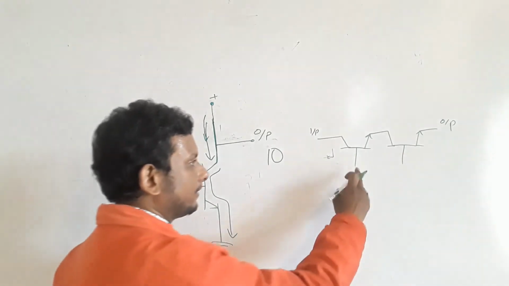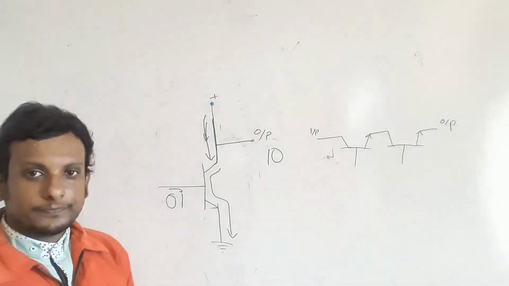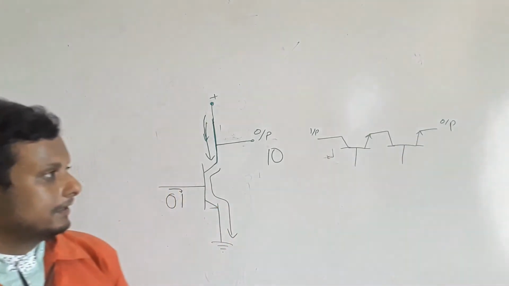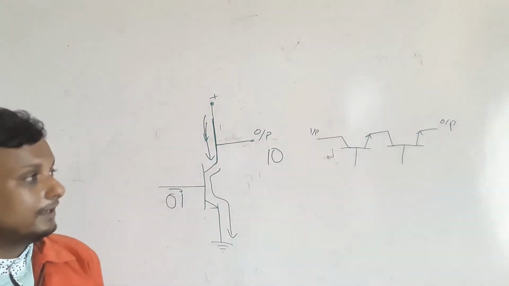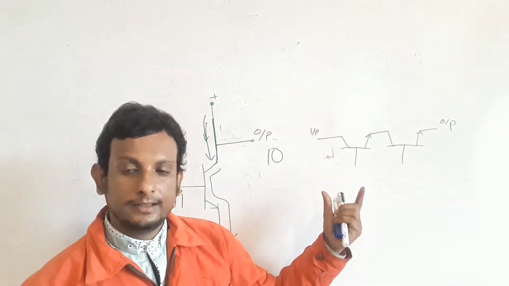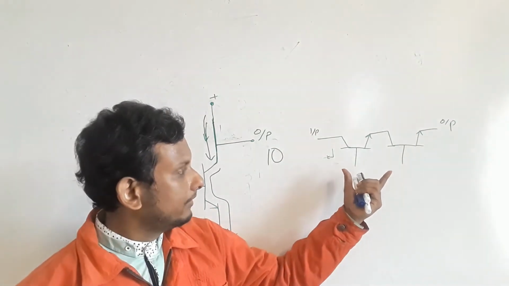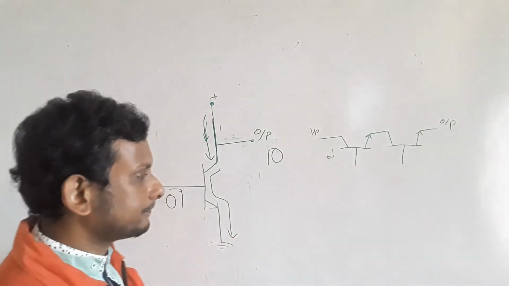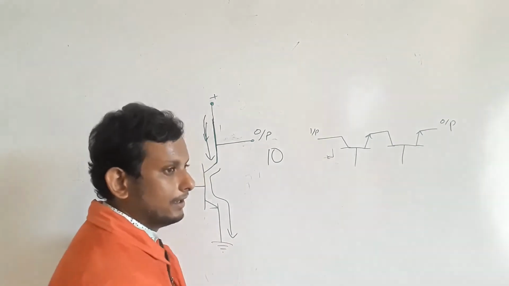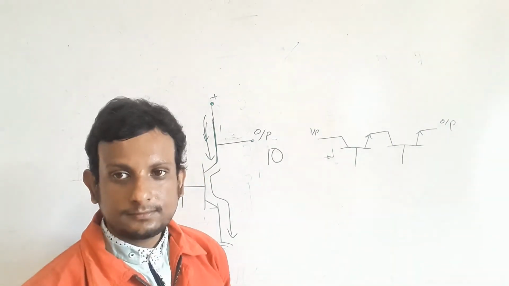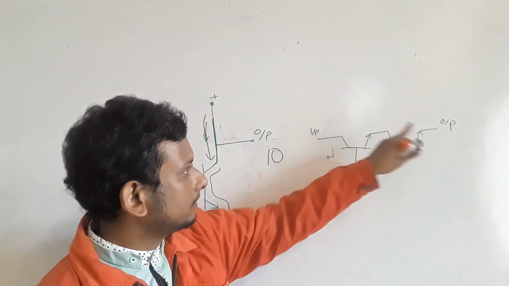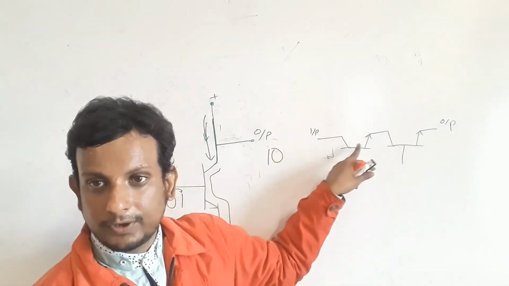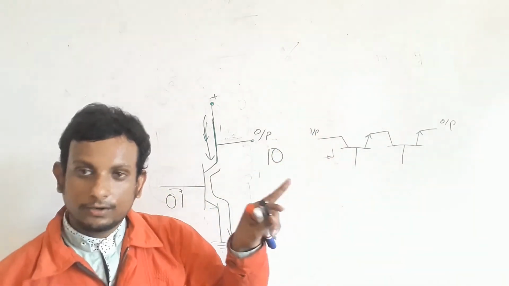When any one of the transistors is off, the output will be 0. That means we have to apply high to both the inputs. This is the concept of the AND gate.